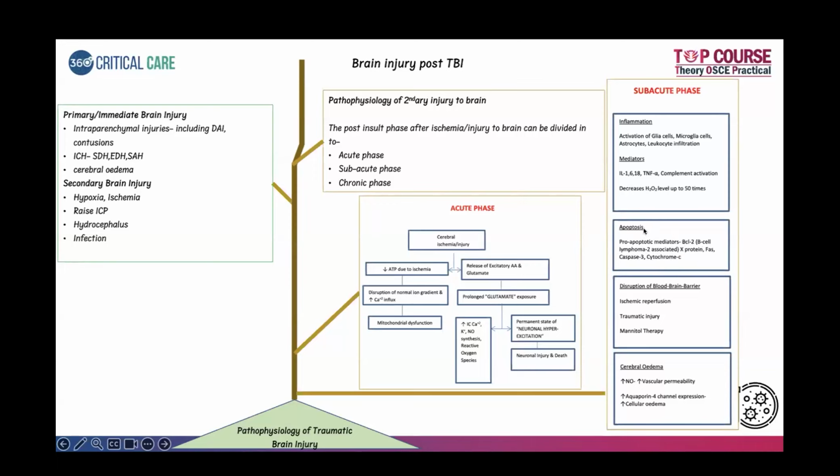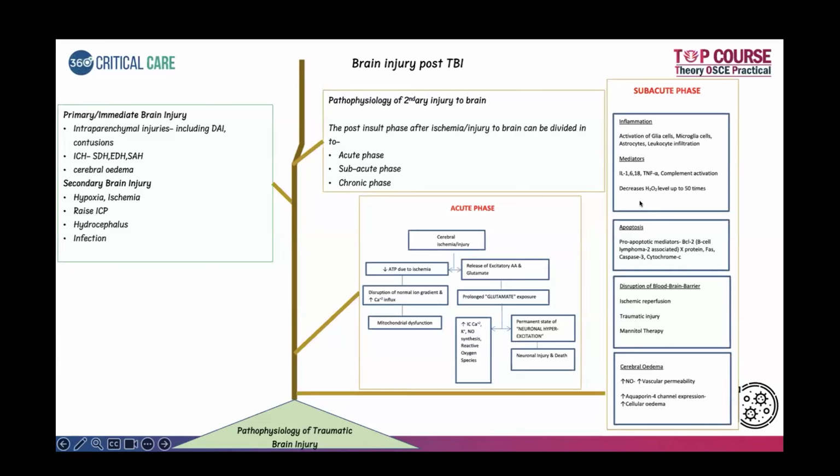Apoptosis can cause the secondary or subacute phase of the secondary brain injury. All of these can cause disruption of the blood-brain barrier, which is a predominant finding in traumatic brain injury or ischemic reperfusion. If there is ischemic reperfusion, again, because of disruption of the blood-brain barrier, there is ongoing insult to the brain. All these things can lead to cerebral edema due to increased vasodilatation through the nitric oxide pathway and other pathways.